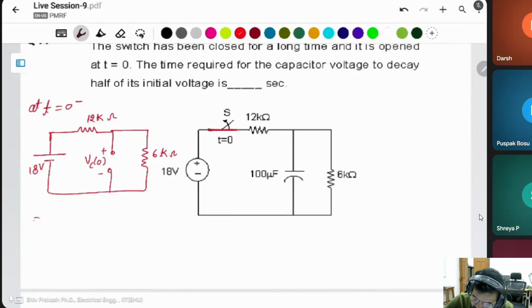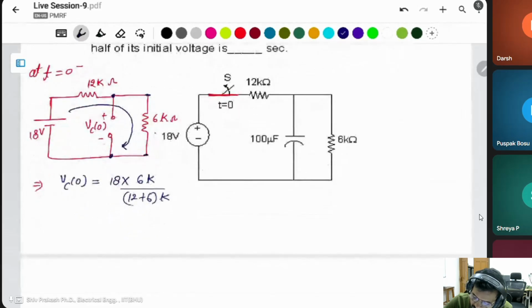How can you find it? In this case, you can see these two resistors are connected in series, and this capacitor is connected across this resistor. If you find the voltage of this resistor, that is the same as the capacitor voltage. You can say Vc0 is equal to total voltage 18 into that resistor 6k divided by total resistance 12 plus 6.